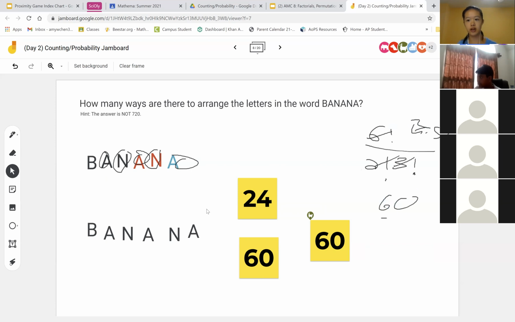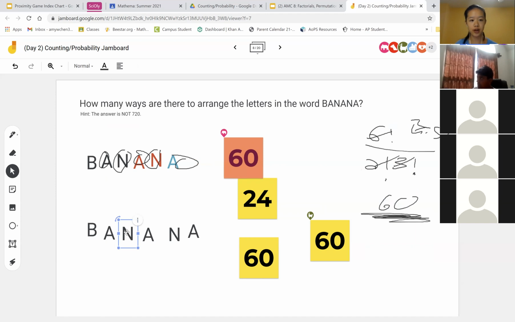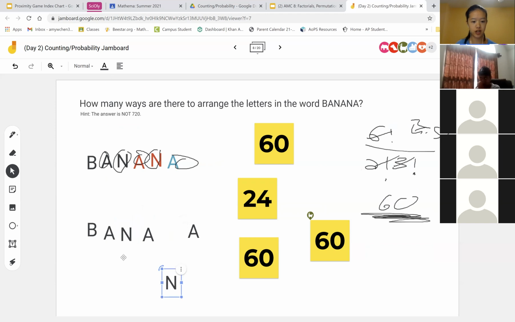Let me just explain. Why are we dividing by the factorial of the number of repeated letters? If you consider these 2 n's as different letters, then there are 2 factorial ways to arrange the n's by themselves, which means that if we just did normal permutations without considering that they're repeating letters, some of the arrangements would be counted twice.